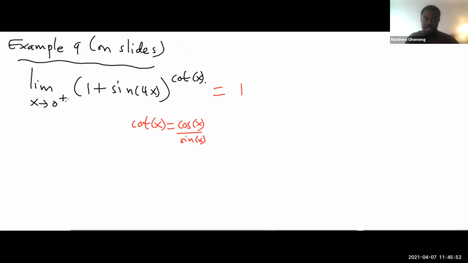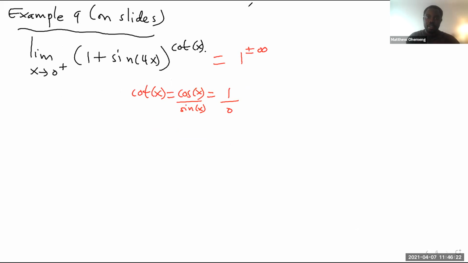Now, as x approaches 0 from the right, the cosine will approach 1, and the sine in the denominator will approach 0. Sine of 0 is 0. Now, because it's 1 over 0, and it's one-sided, you're going to end up with either plus or minus infinity, one of them. We don't really care, because as long as it's either of the infinity values, we have an indeterminate power.